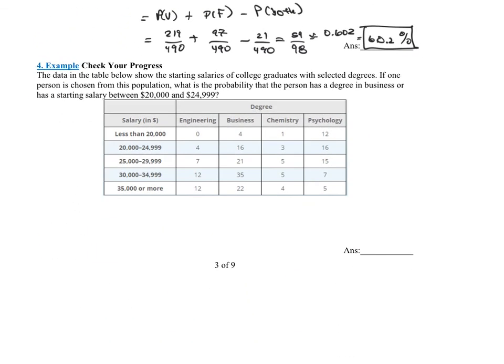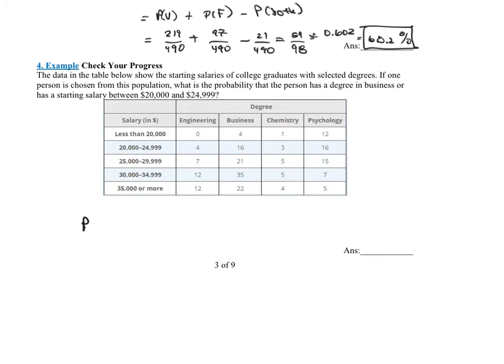Let's check example 4. It says the data in the table below shows the starting salaries of college graduates with selected degrees. If one person is chosen from this population, what is the probability that the person has a degree in business or has a starting salary between $20,000 and $24.99? So let's take a look at these two things.